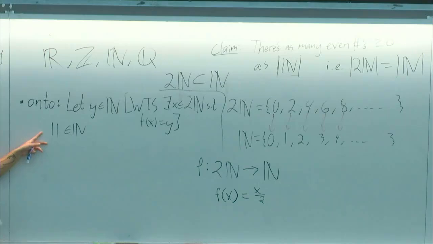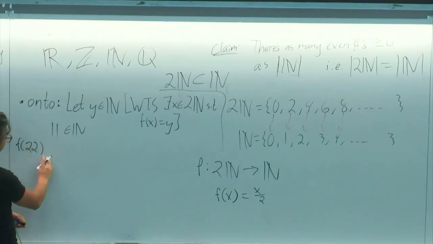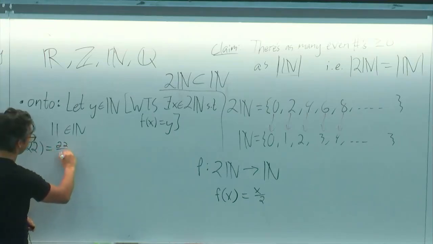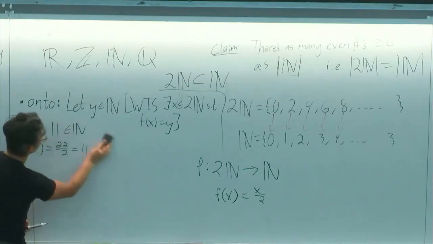Do we know what number maps to that here? Yeah, 22. f of 22 is just going to be 22 divided by 2, and that's 11. So this is just saying if you choose any number in the natural numbers, there's going to be something that maps to it. Let's look at this more generally.